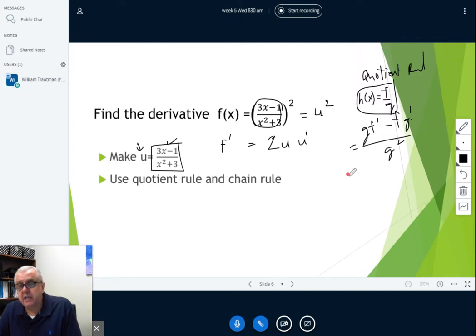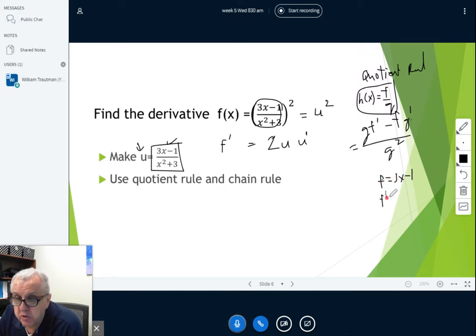So I need to set all this up. My f, the top, f equals 3x minus 1. So the derivative of f equals 3. g is the bottom, equals x squared plus 3. So g prime equals 2x.